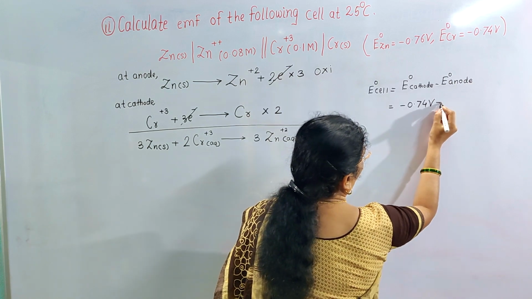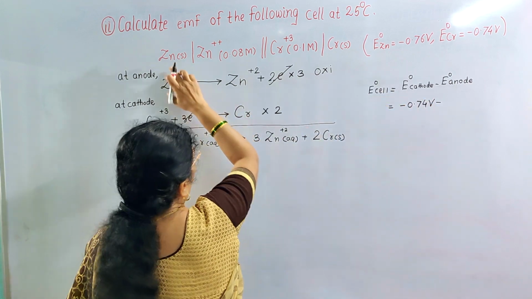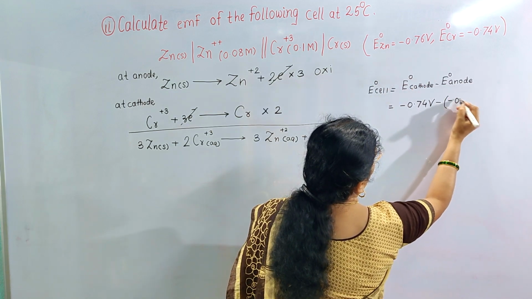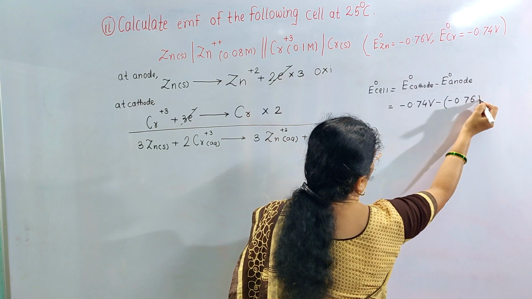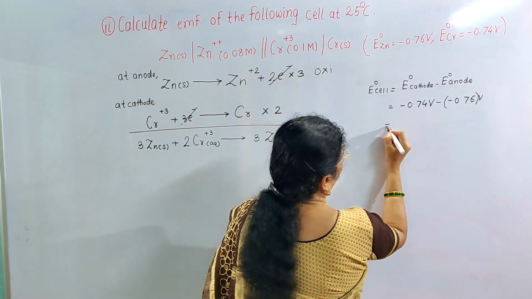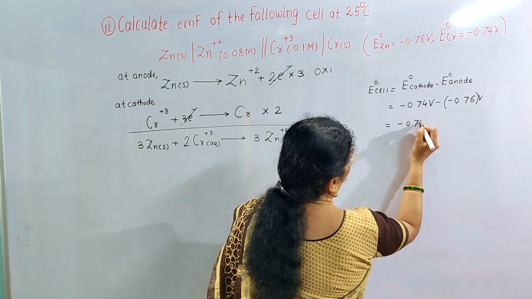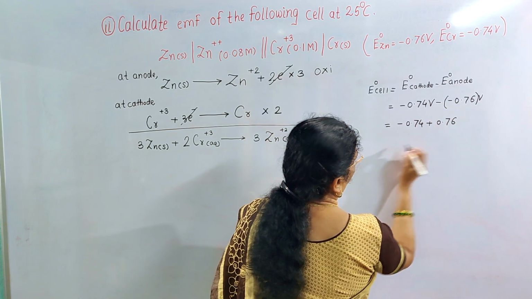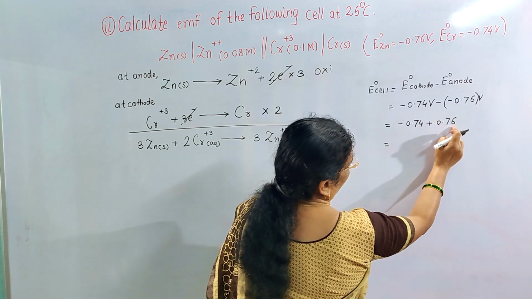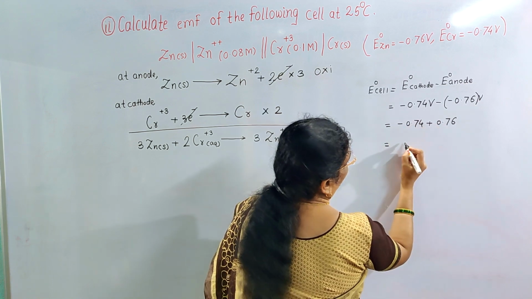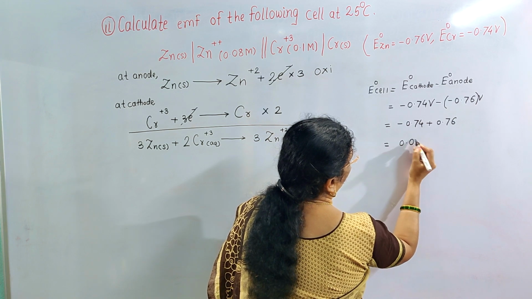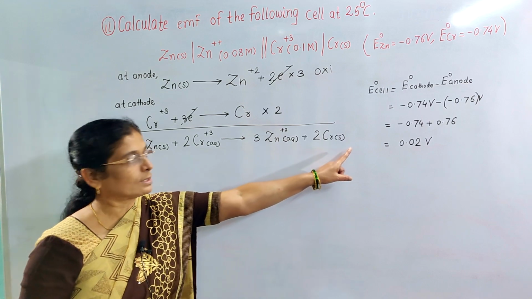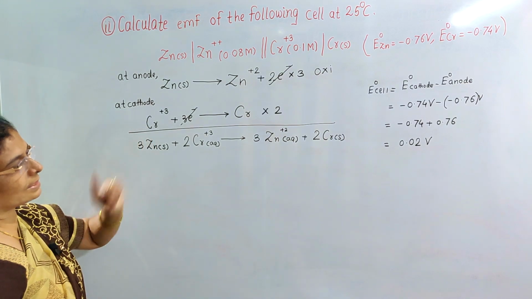Minus E0 anode: the zinc electrode works as anode, and E0 Zn is equal to minus 0.76 volt. So this will be minus 0.74 minus minus, plus 0.76. So 0.76 minus 0.74 gives plus 0.02 volt. Now E0 cell is 0.02 volt and this is the net cell reaction.